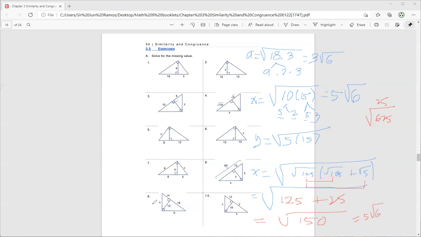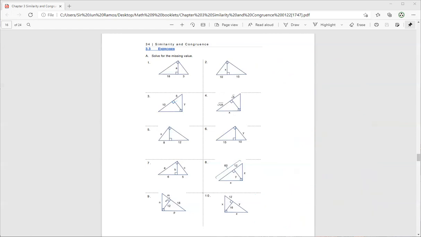Okay. Let's have number 9. Number 9 here, we want to get n, m, and p. So we can do first the geometric mean to the hypotenuse, which is the altitude 12. 12 equals the square root of m times 18.